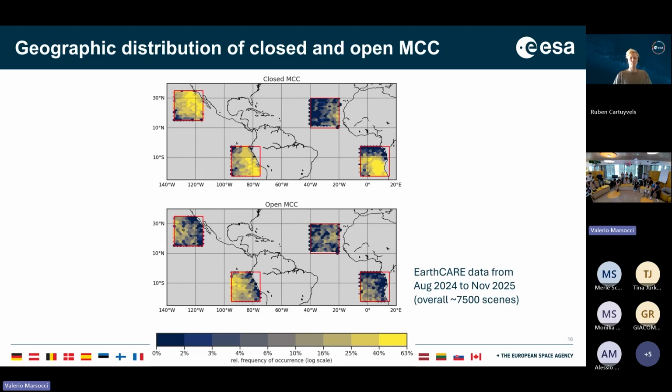And what we see here from the geographic distribution is what we would expect. So this is also again a bit of a check if the neural network is doing a good job, because we would expect closed cells being more towards the east and then open cells a little bit more towards the west. And this seems to be the case. So that's nice.